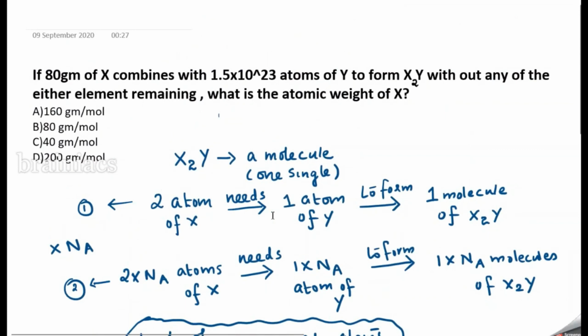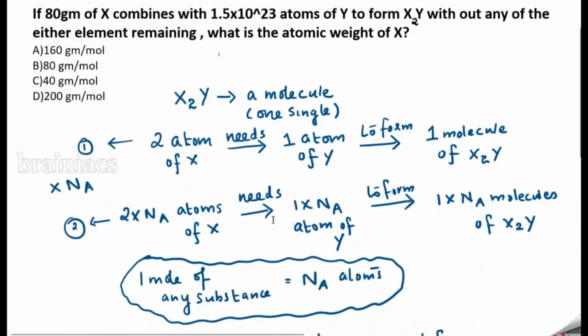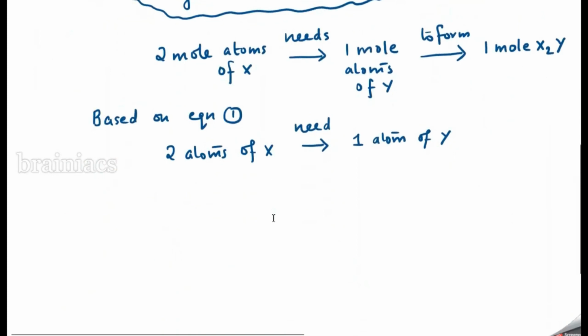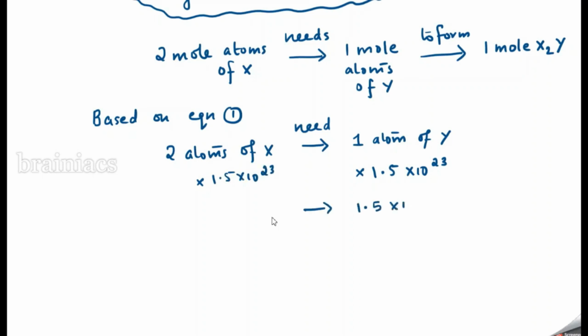They have given 1.5 into 10 power 23 atoms of Y. Now how to convert this 1 to 1.5? So I know that I should multiply by 1.5 into 10 power 23. So if you are multiplying on the RHS, multiply on the LHS also by the same value, 1.5 into 10 power 23. So now 1.5 into 10 power 23 atoms of Y, correct?